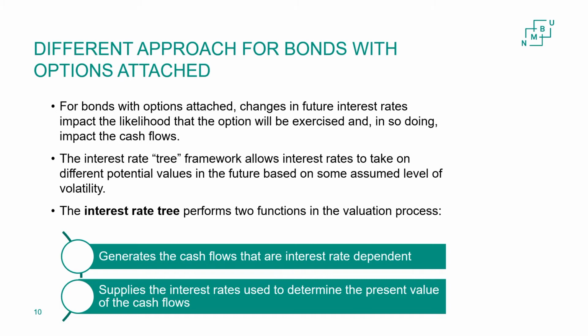For example, if you have a bond with a floating rate, like a floating rate note, then the coupon will depend on the interest rate. And secondly, the interest rate tree will supply us with the interest rates to discount the cash flows.